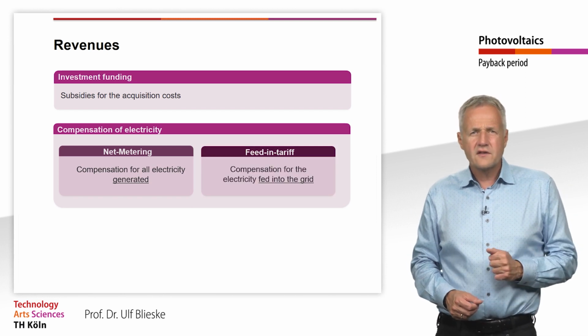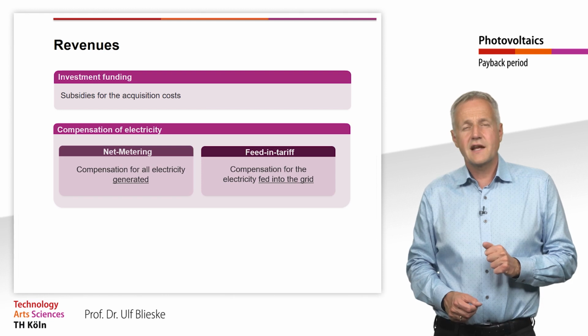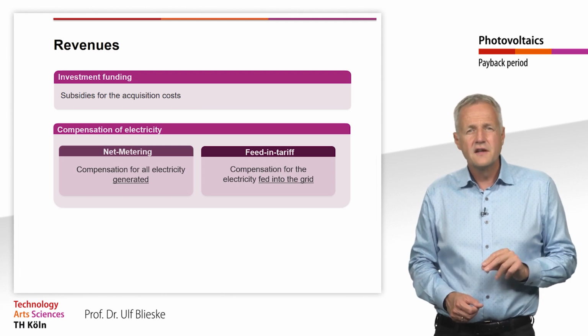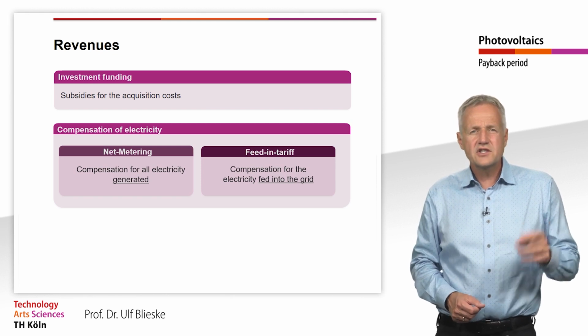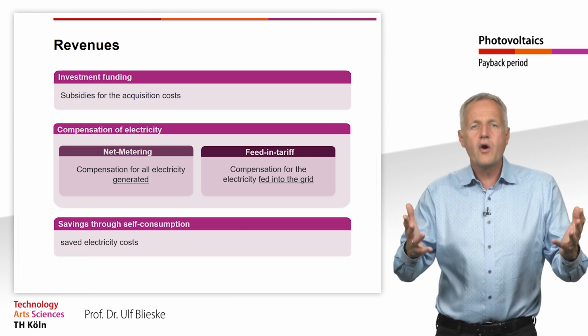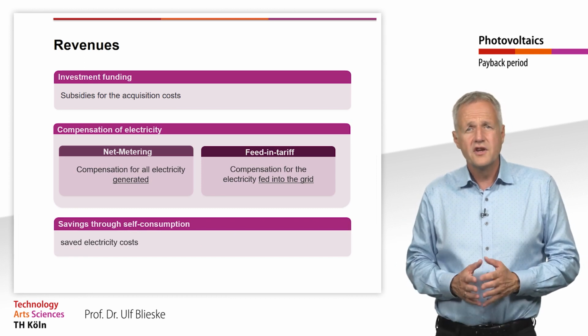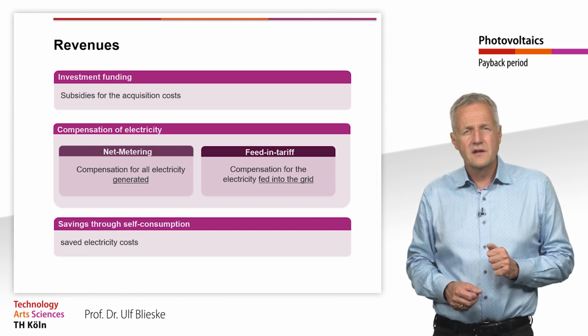In the second model, the state ensures a guaranteed feed-in tariff for solar electricity fed into the grid. This model is followed by Germany, for example. In addition to the income from the feed-in tariff, the savings from lower electricity purchase costs due to self-consumption must also be taken into account.